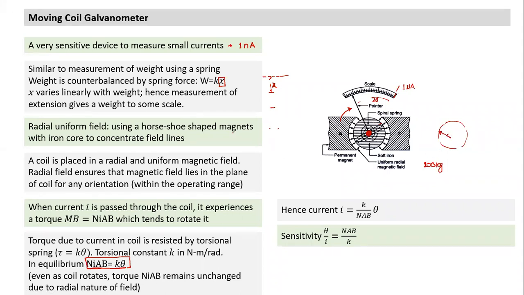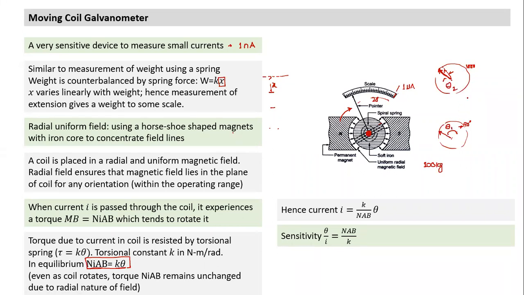The person gets onto the weighing machine, it may deflect by 90 degrees, whatever. And if you go to something like a railway station, you'll have a weighing machine which can measure heavy weight. Here the same 100 kg person gets on the weighing machine and we find the angular displacement is very small, because that machine can measure up to 1000 kg. So theta 1 is large and theta 2 is small.